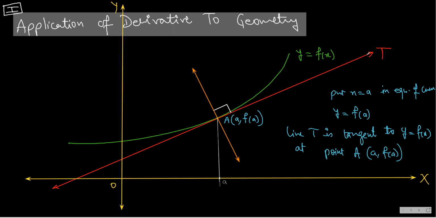So this red line is known as the tangent to the curve y equals f of x at point A, and this orange line is known as the normal to the curve.